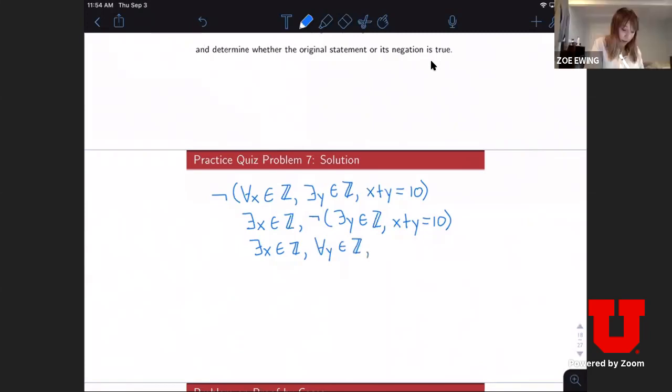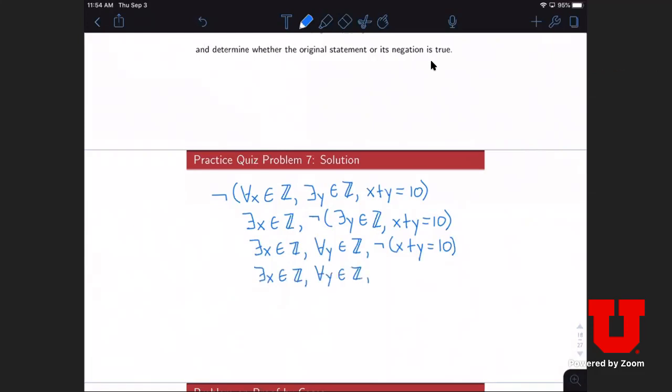Then we apply the negation to the last section. Let's rewrite the beginning. It's always good to show your steps in these, because if you make a mistake somewhere along the way, you can still get credit for the portions that you did correctly.